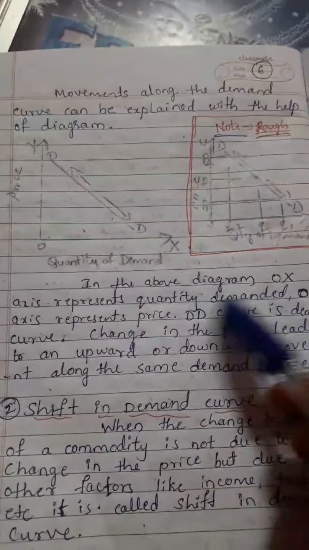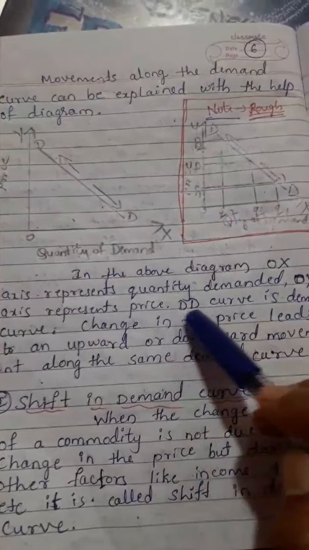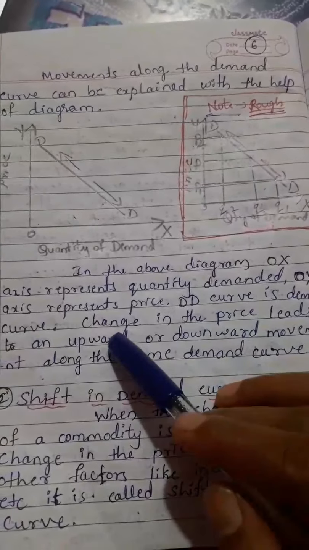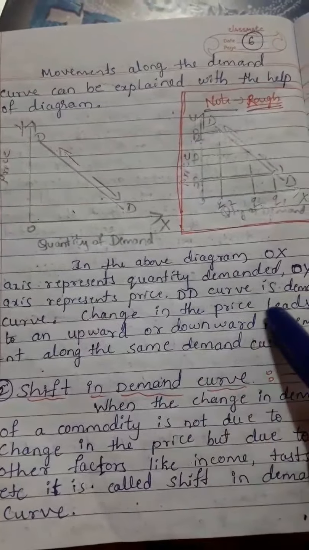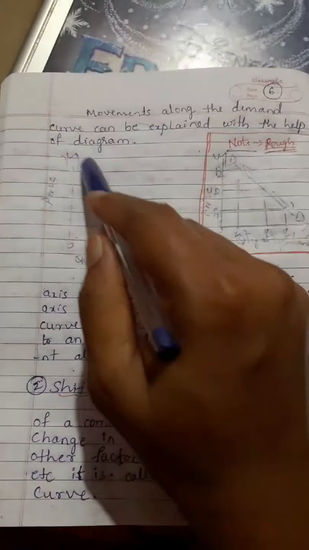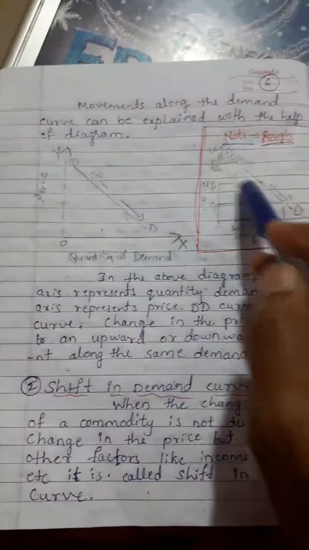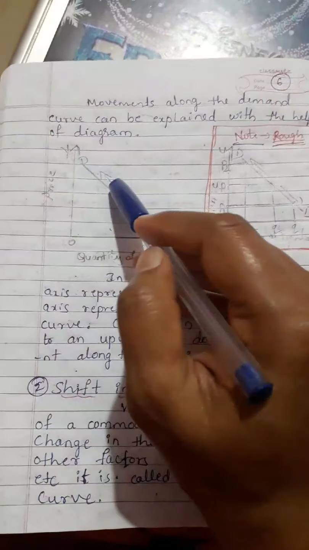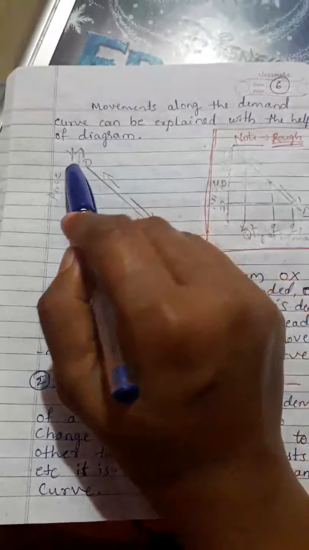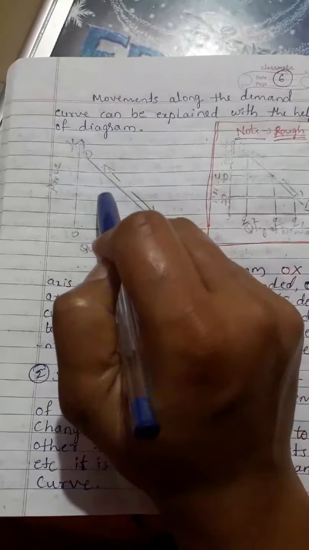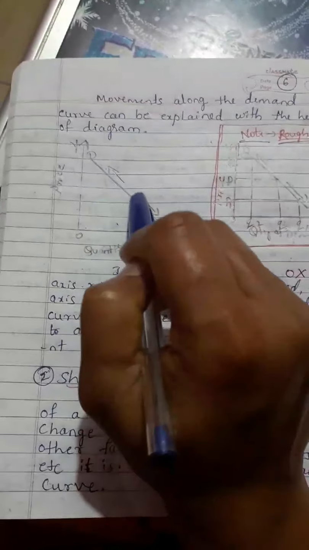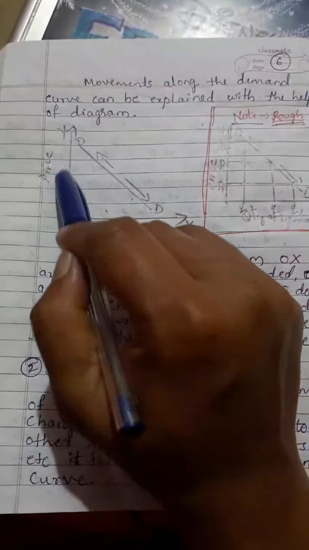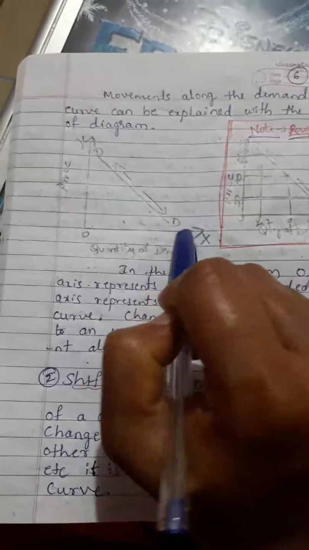In the above diagram, the x axis represents the quantity demanded, the y axis represents the prices, and DD is the demand curve. This arrow mark shows that when the prices are higher, the quantity will be lesser. When the prices decrease, the quantity will be higher.